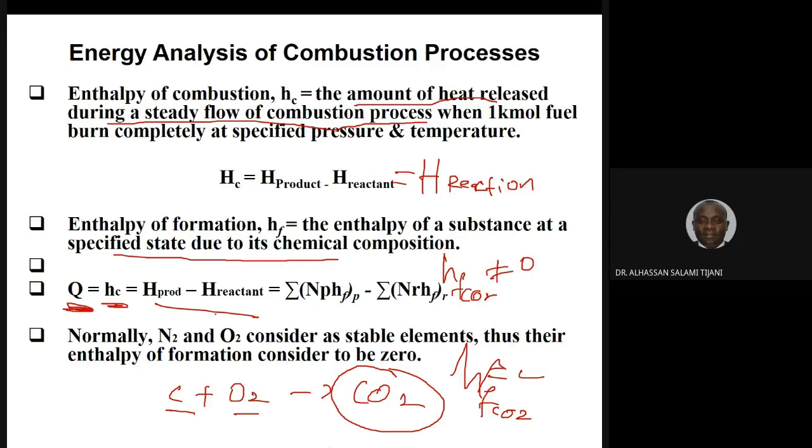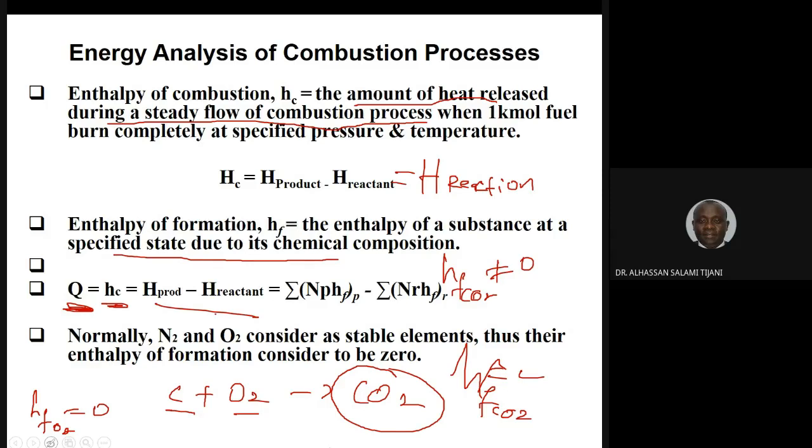But the enthalpy of formation of oxygen is always equal to 0, because you don't have to combine any particular element to get oxygen. Oxygen already exists in its natural state. You understand me? So we don't have any enthalpy of formation for this element.